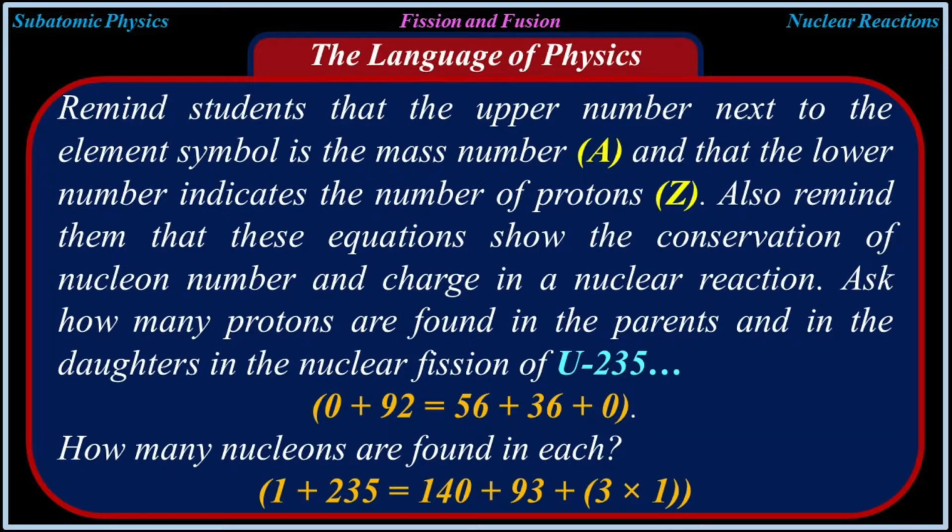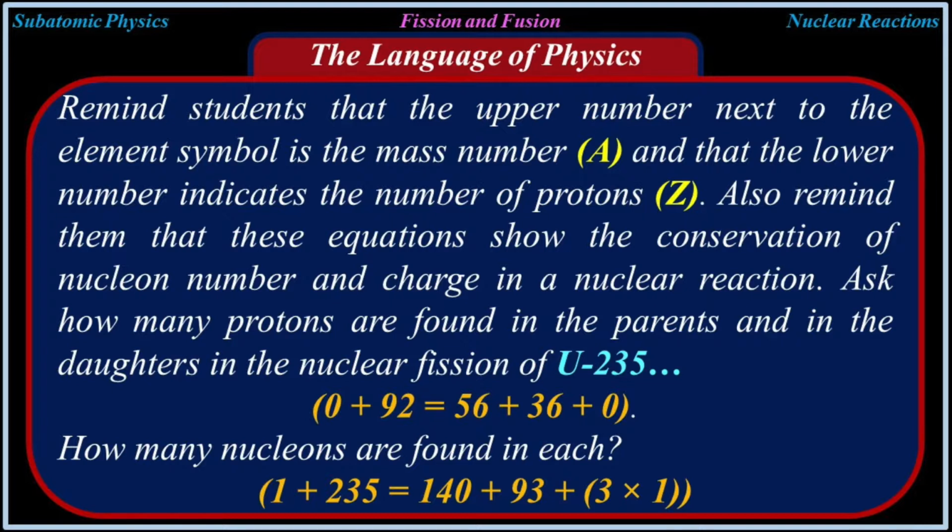Remind students that the upper number next to the element symbol is the mass number, and that the lower number indicates the number of protons. Also remind them that these equations show the conservation of nucleon number and charge in a nuclear reaction.